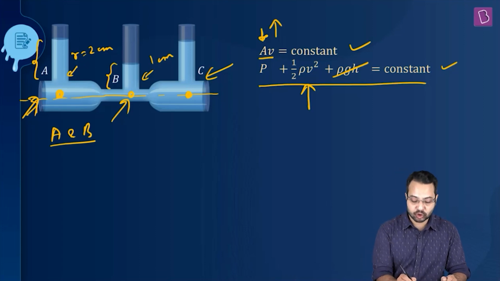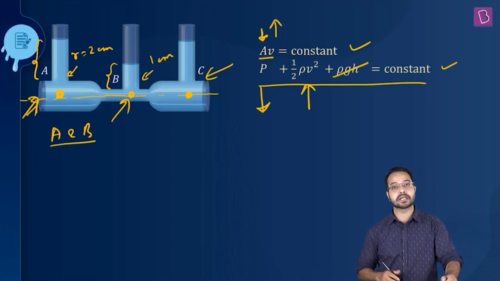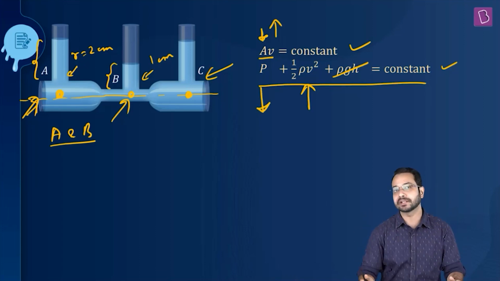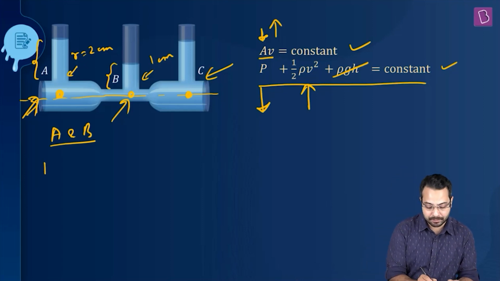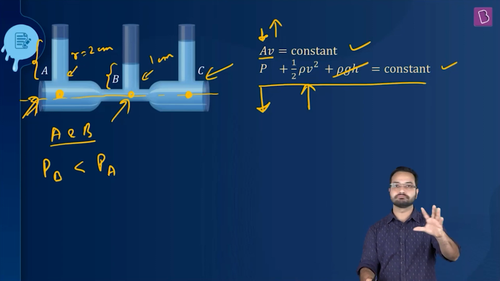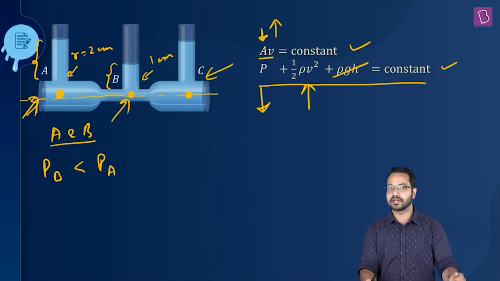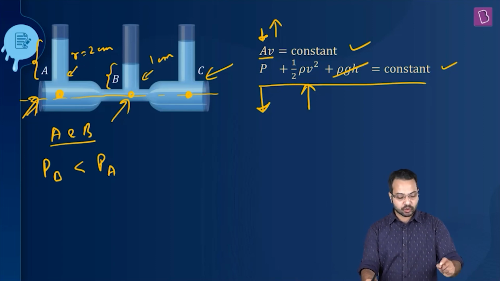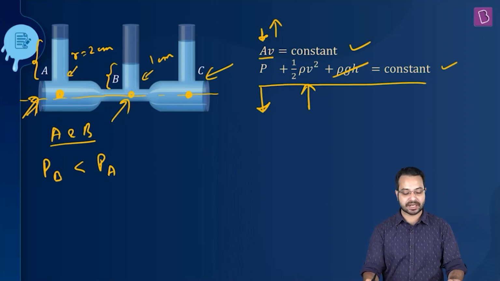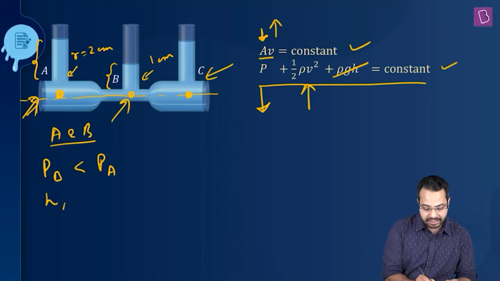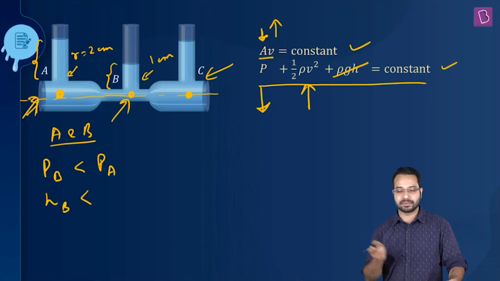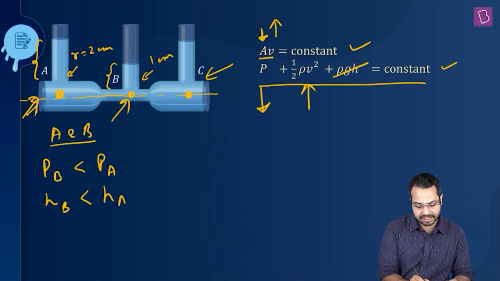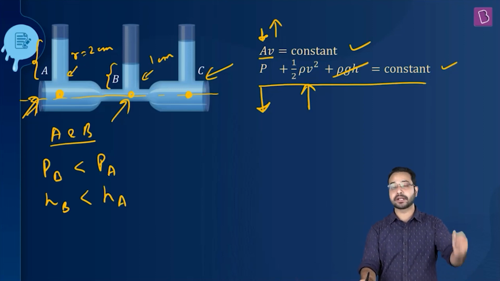So the pressure has to decrease in order to make the sum a constant, which means that the pressure at B has to be less than the pressure at A. So one relationship we have figured out. If pressure at B is less than pressure at A, then naturally the height of the liquid column at B has to be lesser than the height of the liquid column at point A.